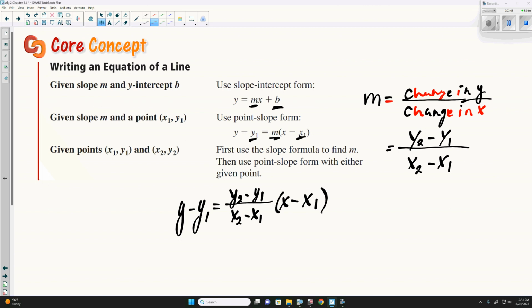I wouldn't use two-point form. If we are given two points, first use the slope formula to find m, and then use point slope form. I wouldn't use it because it's really just point slope form, but instead of putting in the slope, we've just inputted the equation for slope into it.